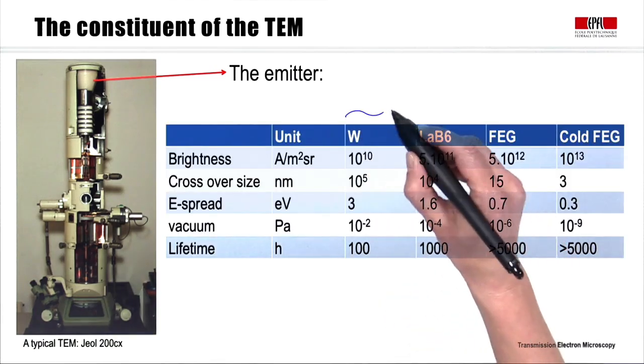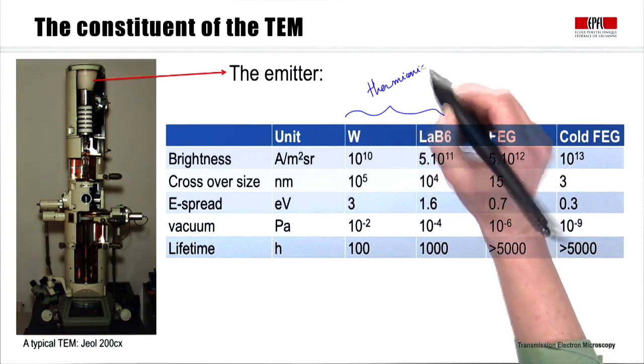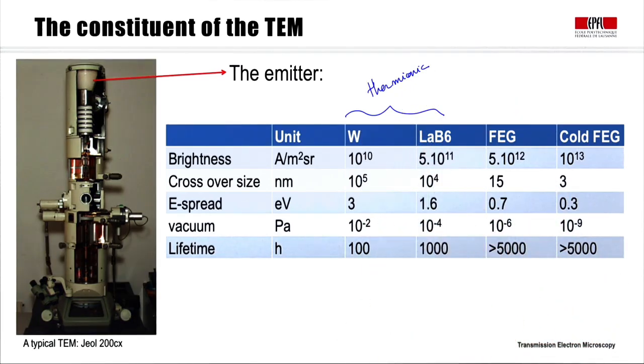Tungsten and lanthanum hexaboride are so-called thermionic emitters. For those 2 types, the emitter is heated and the electrons are emitted because of this heating. The cold field emission gun is a real field emission emitter.